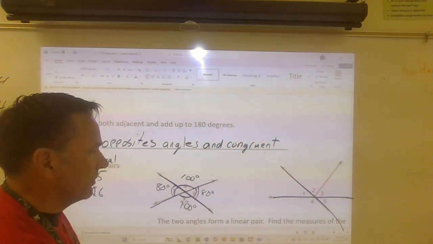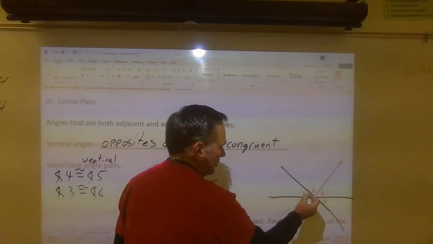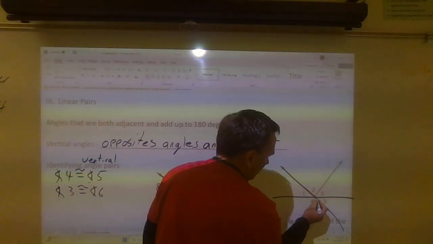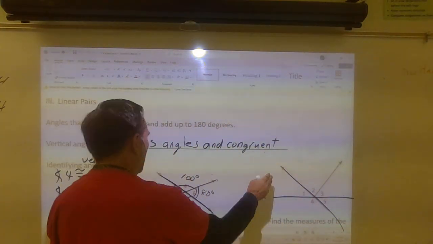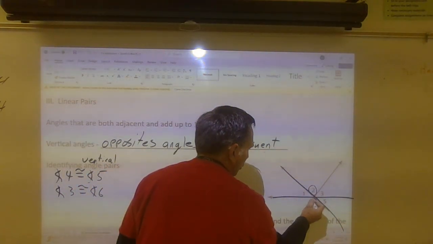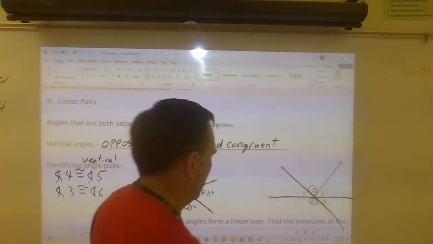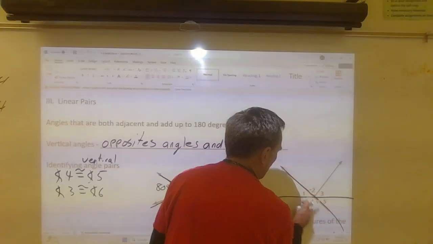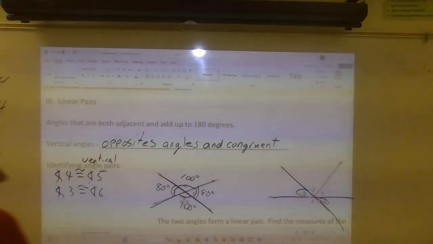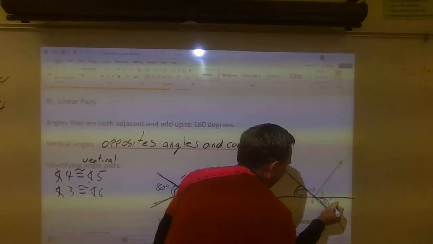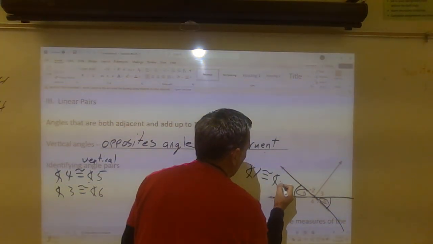The only vertical angles in this one that share the vertex, and we want to look at opposite rays, because one goes this way, that way, this way, and this way. The only vertical angle pairs here are 2 and 4. Well, actually, there's a couple. 1 and 5, sorry, that share it. These are the only ones that are the same. Angle 1 and angle 5.